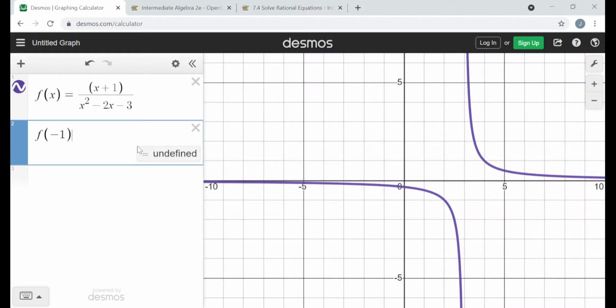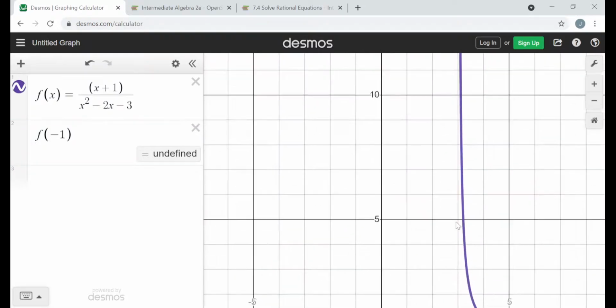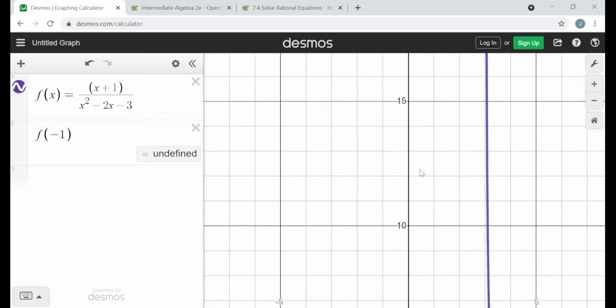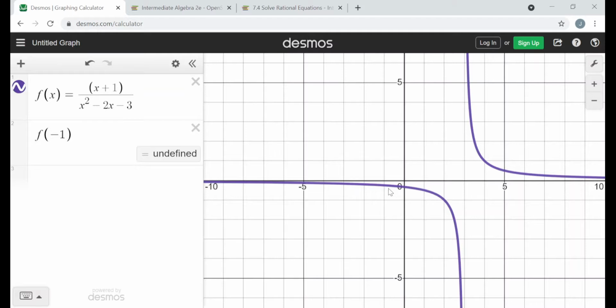Even if I go over here to where x is 3, well, there's no points actually. But when I go to where x is negative 1, you'll see a missing point. Right here, let me click on this. There, see the point is a hole.